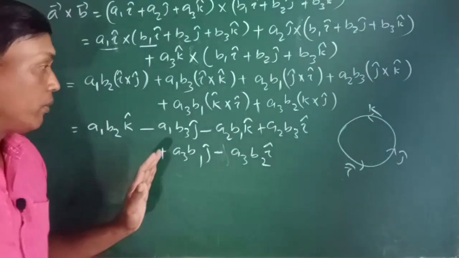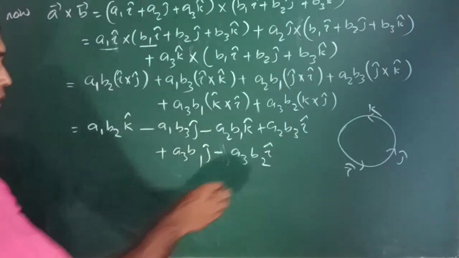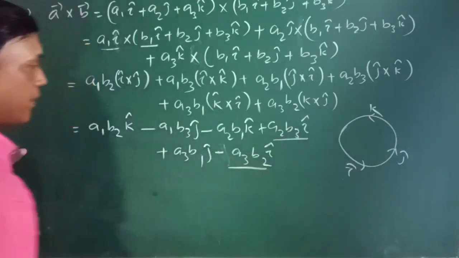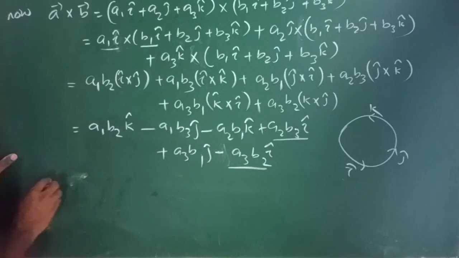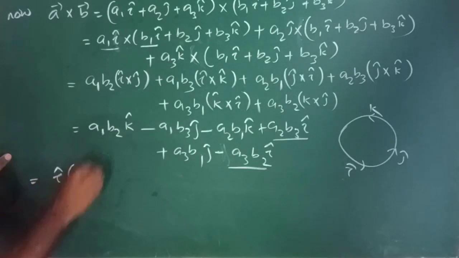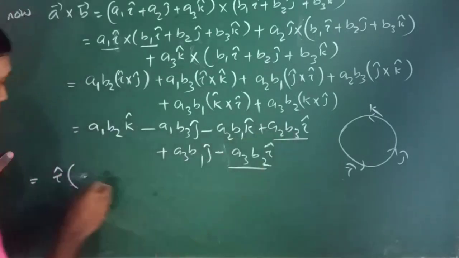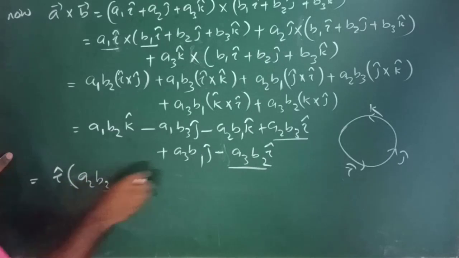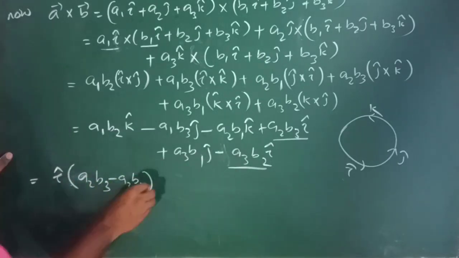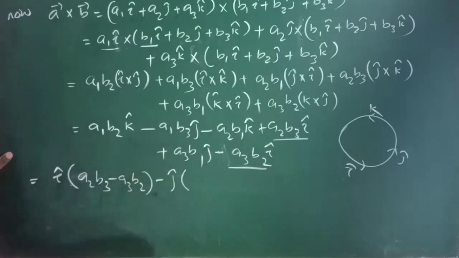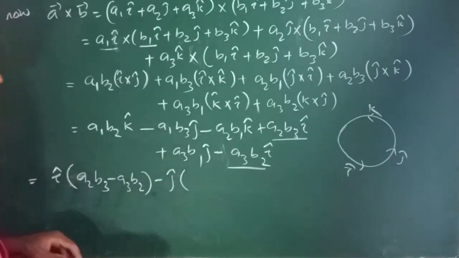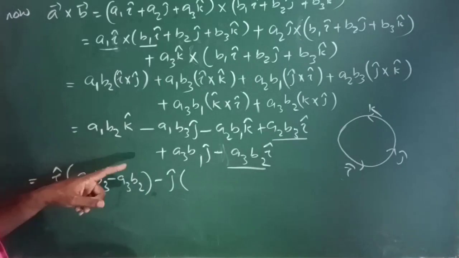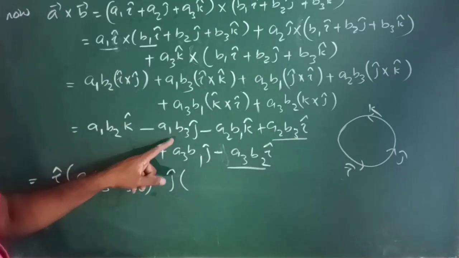And if you arrange this, look at here, here is i, here is i. Now write this as i into (A2 B3 minus A3 B2), minus j into, I want to arrange in this way, minus j into, look at here, j is here, j is here.